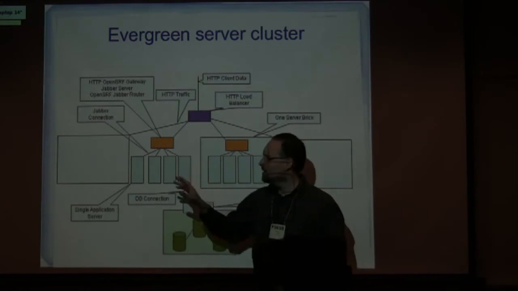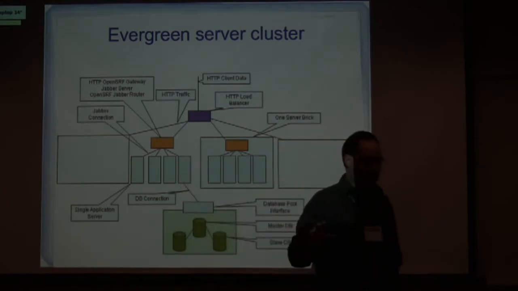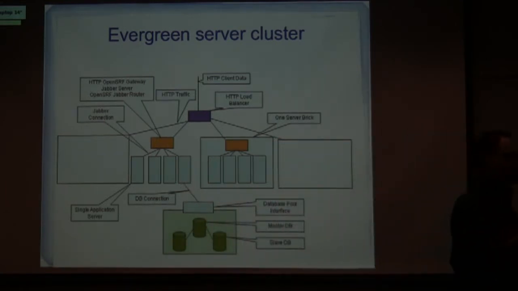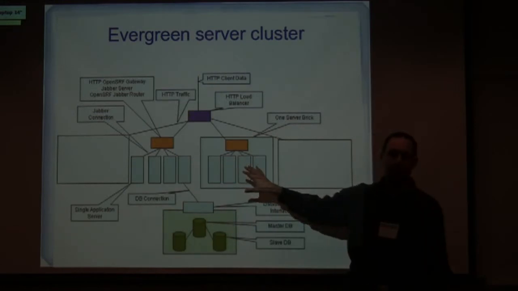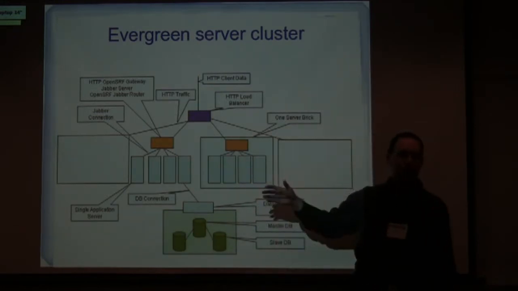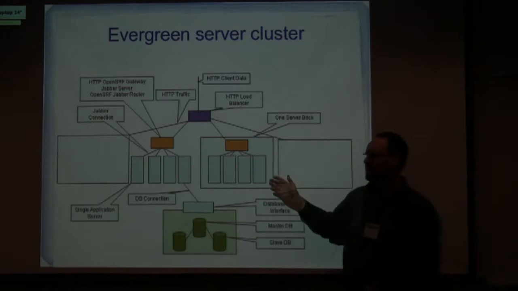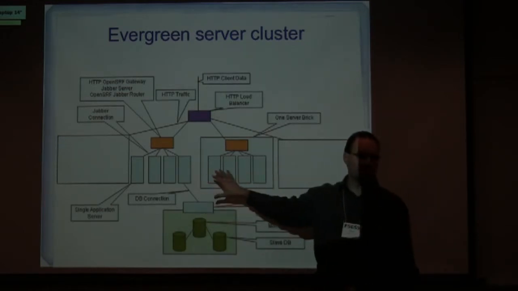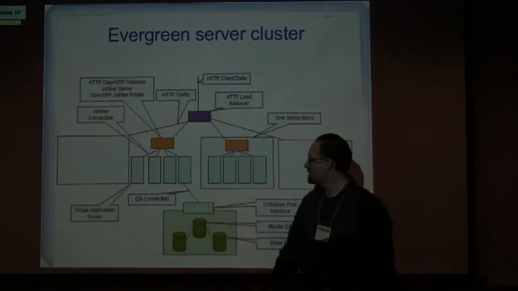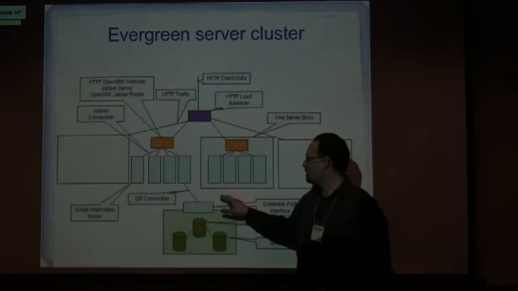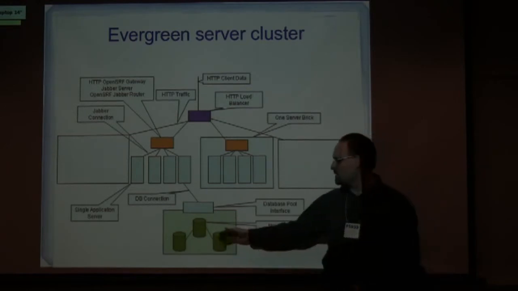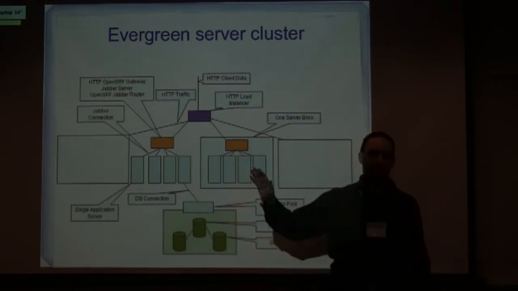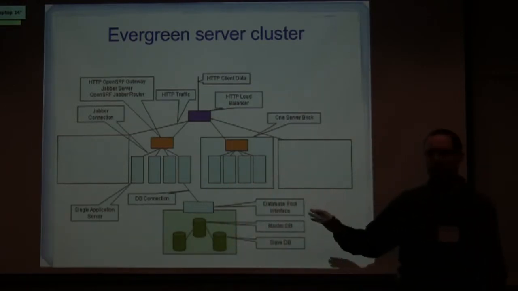In the example that I'm part of, the Conifer library system, we really have about 4 or 5 servers. So this is for a really huge scale, like something like the Georgia Pines library system, which has 200 libraries connecting to it. They had, I think, 40 different servers attached in clusters like this. These things are called rigs. And then you have connections from the servers down to the database, where you can have database pooling, and you can have master-slave replicas, so you can spread out your read-only queries if you want.